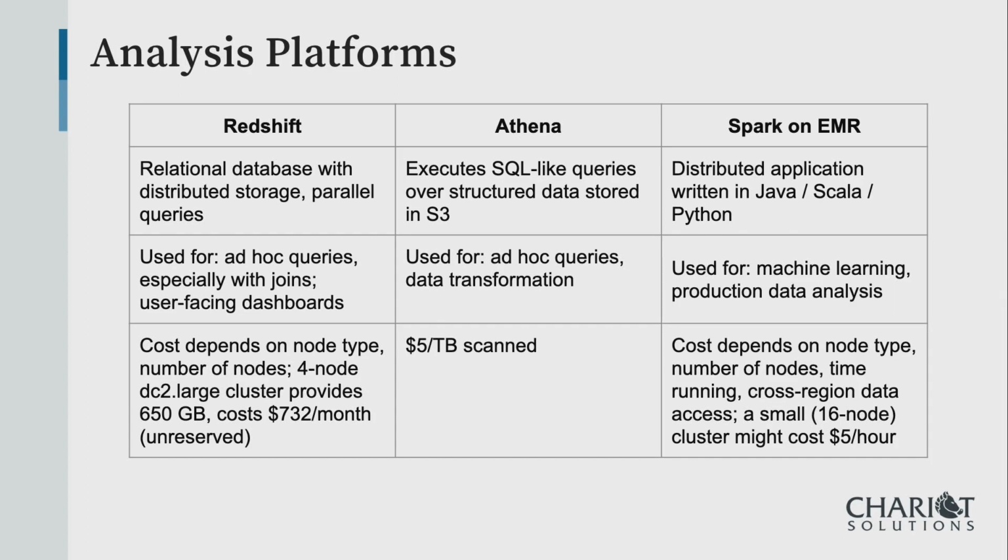It's perfectly parallelizable. It's useful for ad hoc queries, especially things that involve joins because it's a relational database, and especially things where you might be running a dashboard and want to get like 3 stats for your users and not wait a long time to compute it. Cost is going to depend on your node type, but a basic small Redshift cluster is going to cost you a little over $700 a month.